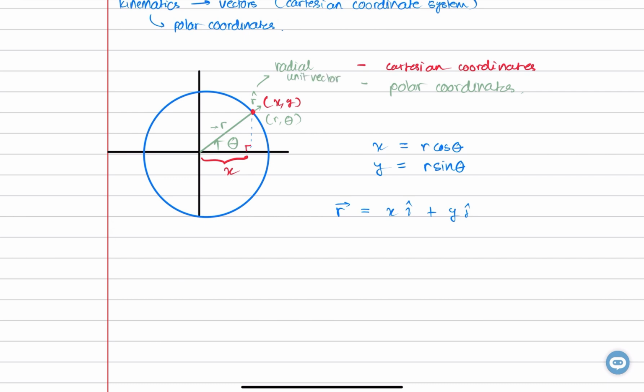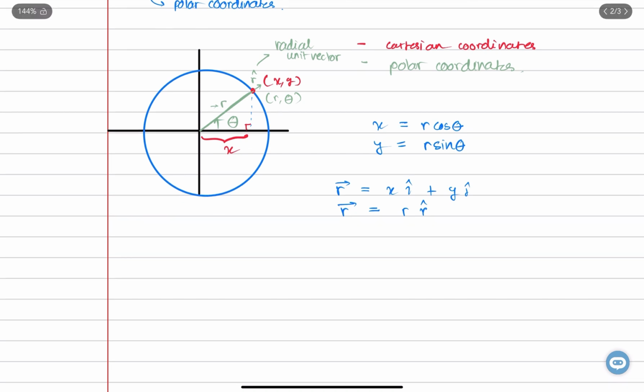It points in the direction that the particle is in, such that the r vector can be described as the magnitude r times the radial unit vector r cap. So this r cap always has the same direction as the position vector r, except that it is of unit length, and this turns out to be pretty useful, as we will see.